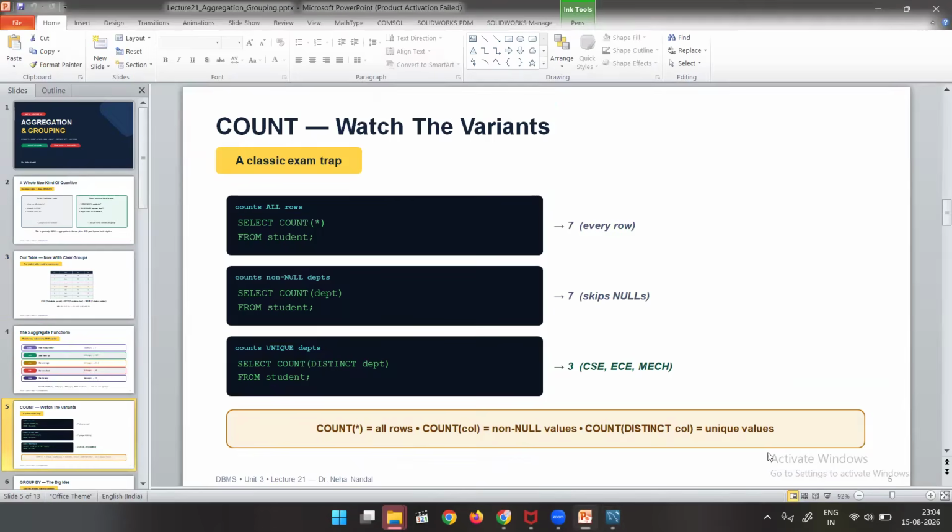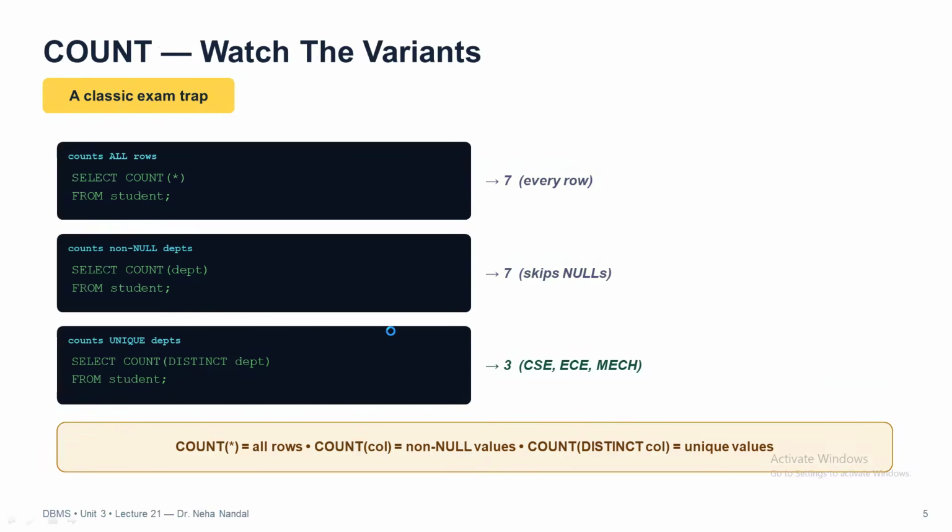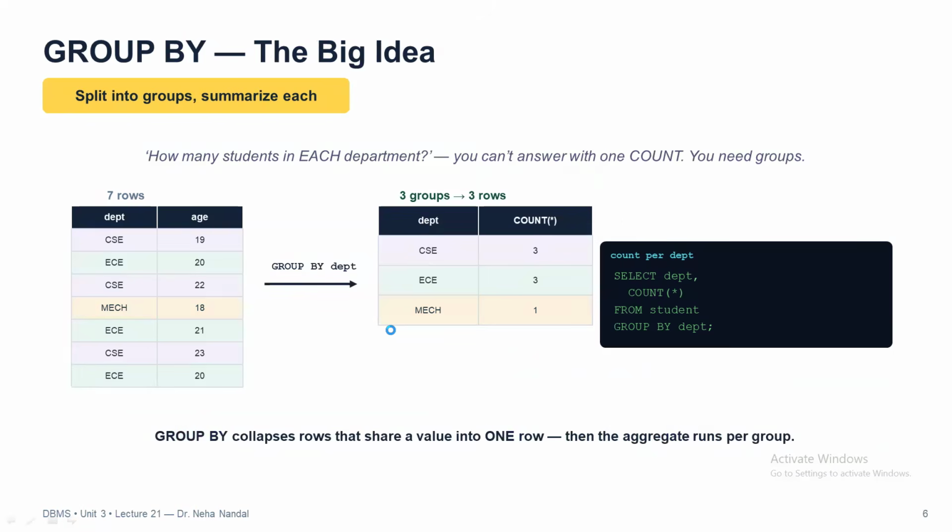Let's move to the next one, which is GROUP BY. Here we want to group the data according to department. We want the total number of students available per department, that is, how many students belong to each department. Write an SQL query for that.